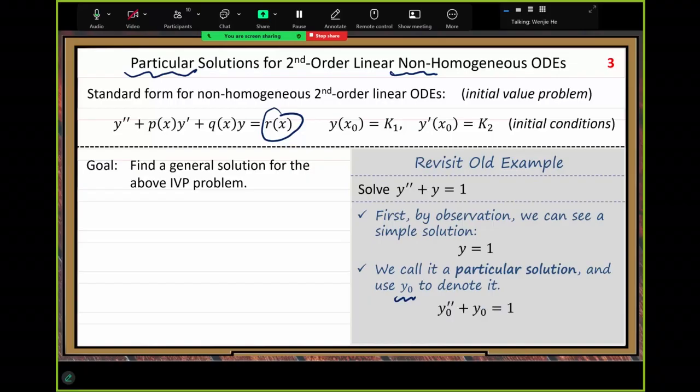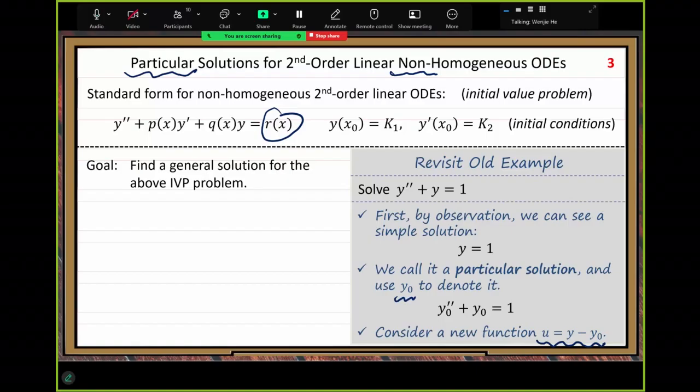All right, the verification. Now we consider a new function. This new function is u equals y minus that particular solution, y0.